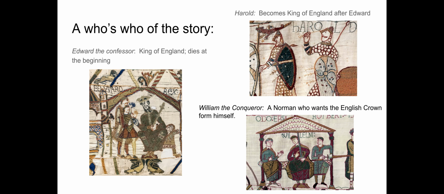So the tapestry is sponsored by William the Conqueror's half-brother, and made by an artist, Matilda, this woman who happens to be also Bishop Odo's wife. It is really coming from a Norman perspective.